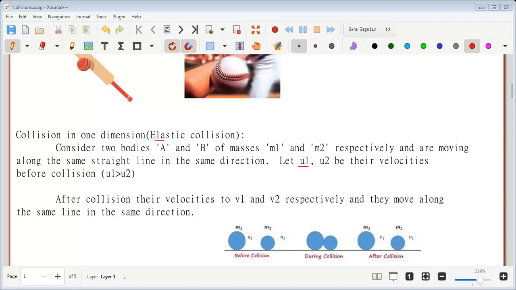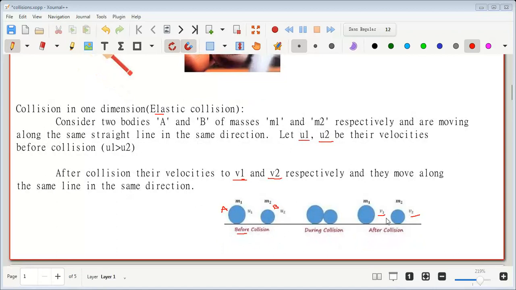Let u1 and u2 be their velocities before collision. This is during collision, when these bodies are colliding with each other. After collision, their velocities become v1 and v2 respectively. The masses do not change, only the velocities change, which we have to find in this derivation.